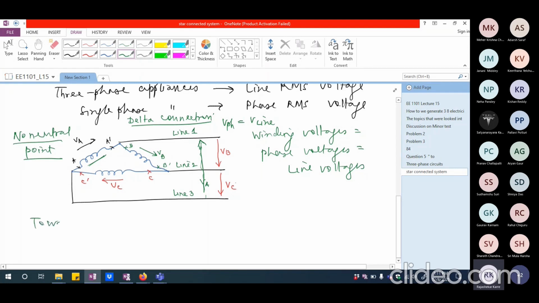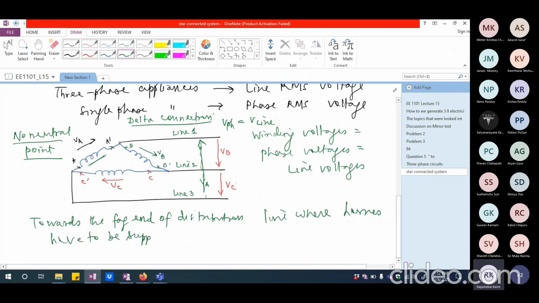So towards the fag end of the distribution line, where domestic supply, domestic homes have to be supplied with electricity, we will need a neutral point.